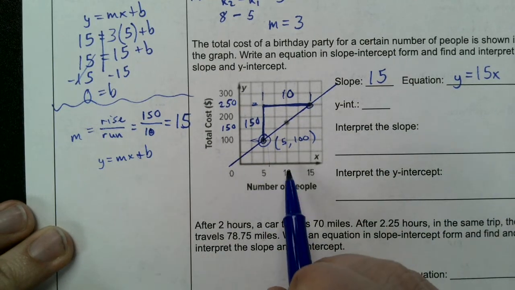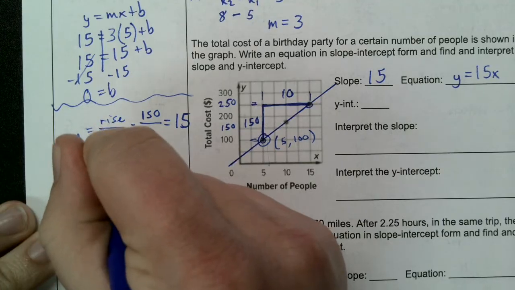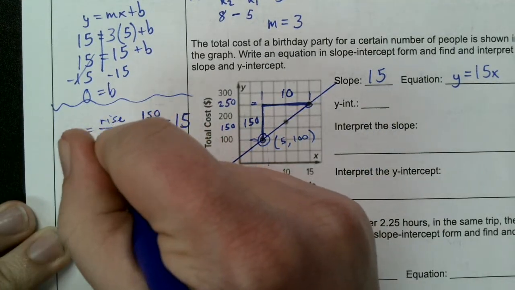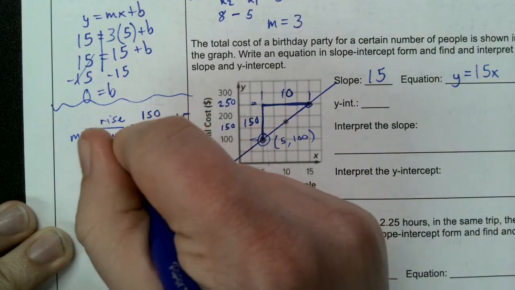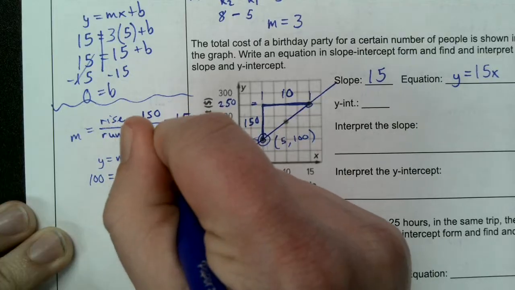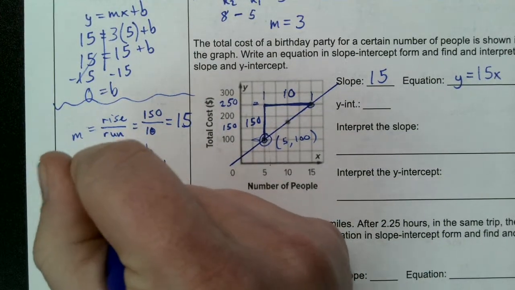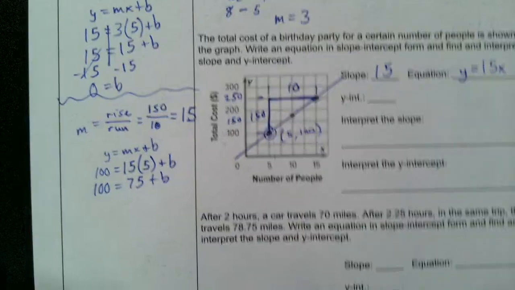My y, according to this, would be 100. My m is the slope that we found, so that would be 15. My x is this x in the ordered pair. All right. 15 times 5, 75. So I've got 100 equals 75 plus b.